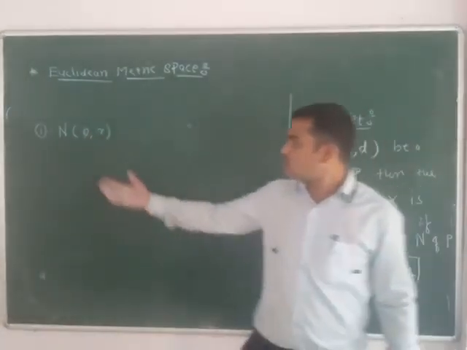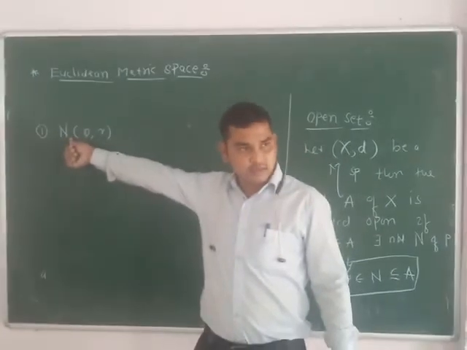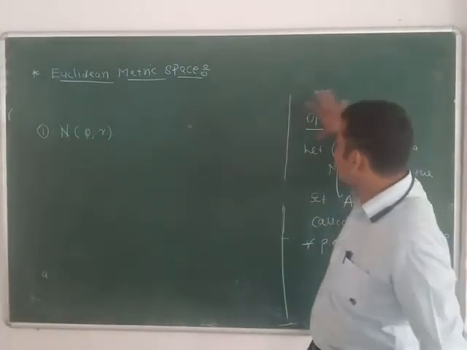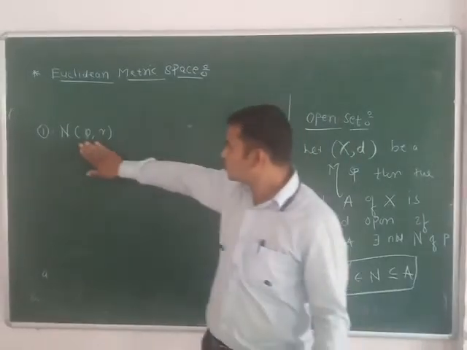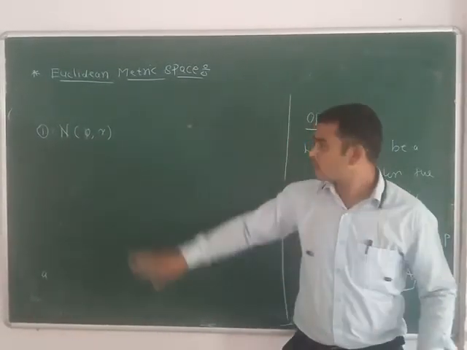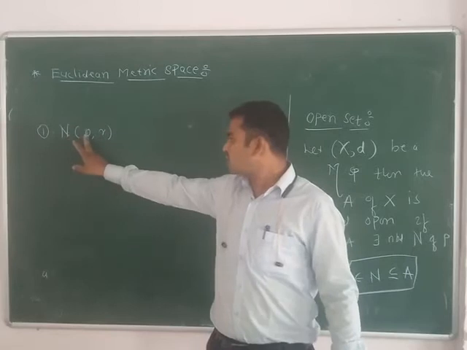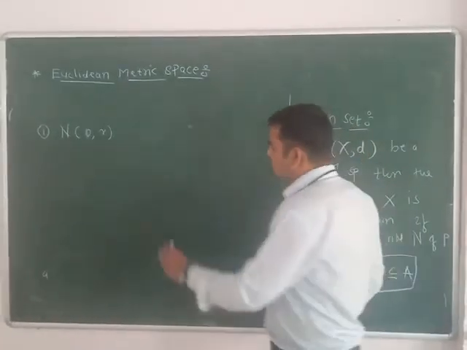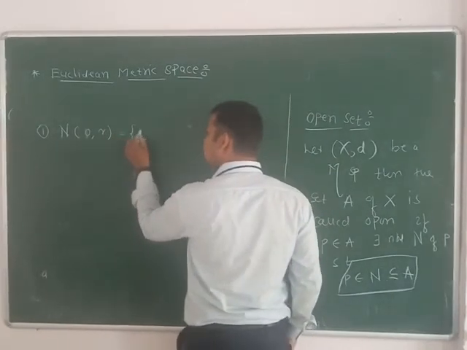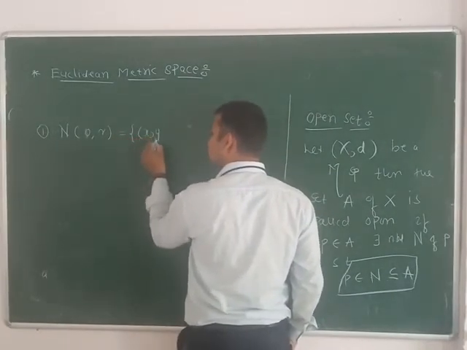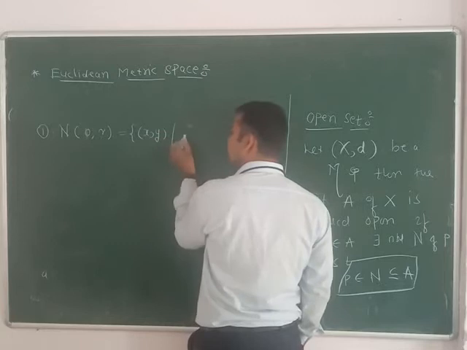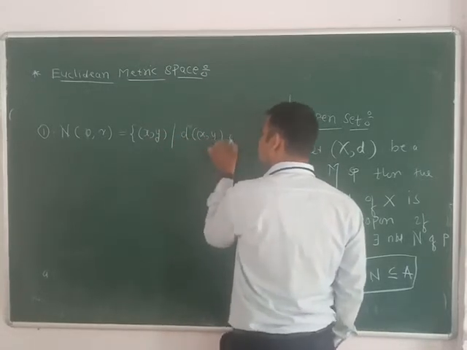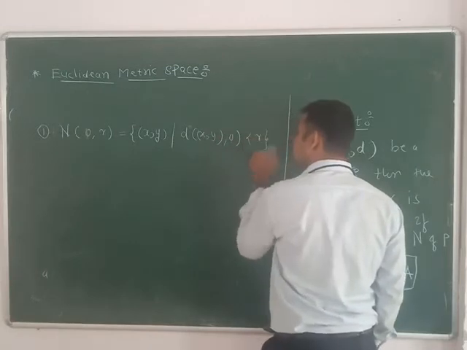We know that this is the notation for a neighborhood. This notation is nothing but the neighborhood of the point 0 with radius r. So it is the collection of all the points (x, y) with the condition d((x, y), 0) is strictly less than r.